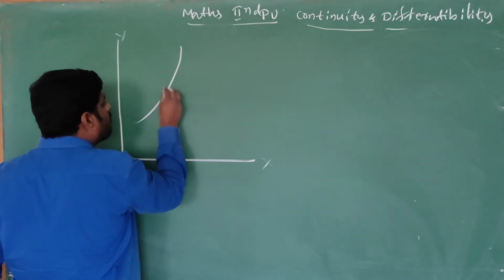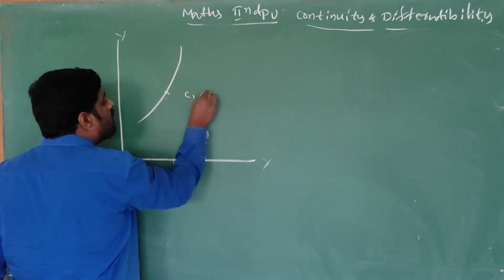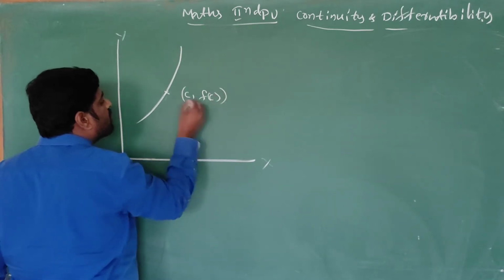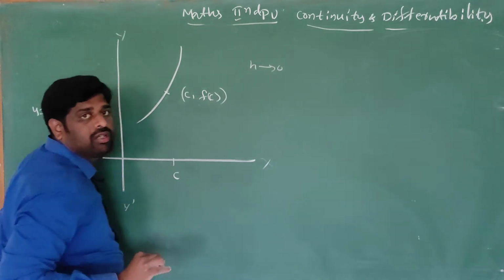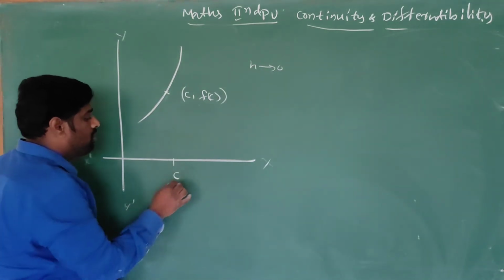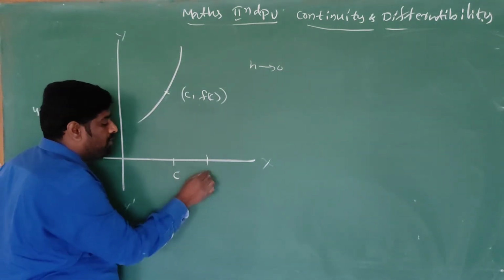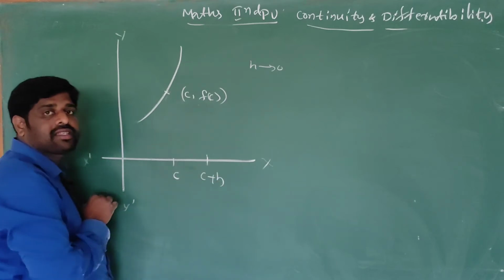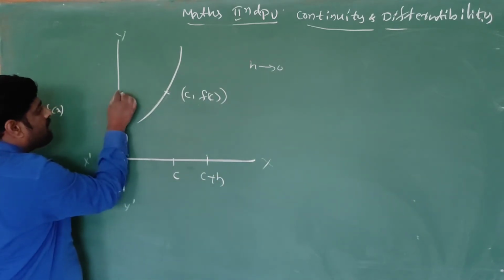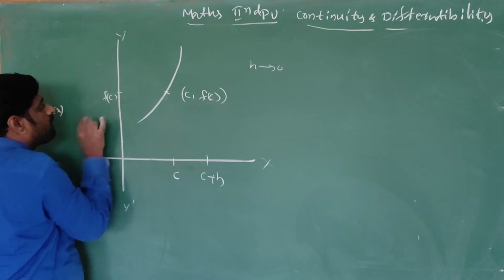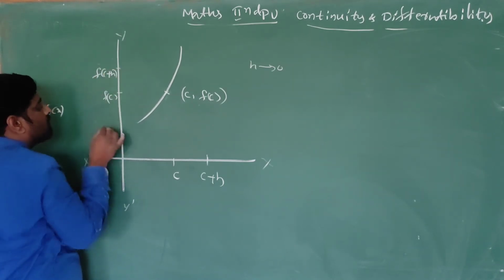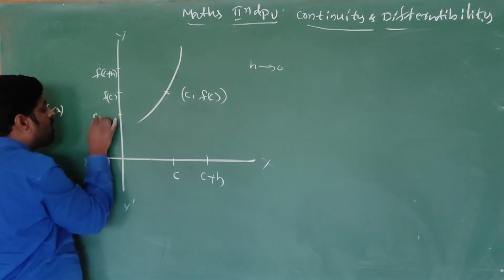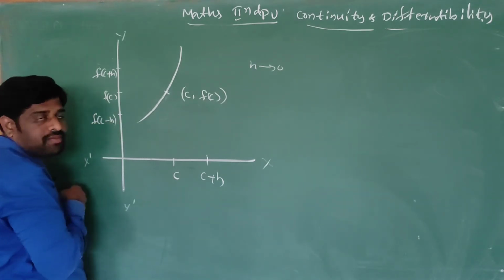This point is c comma f of c. Now where h tends to 0, after c we will take c plus h, and again this is f of c. So this is f of c plus h, this is f of c minus h.